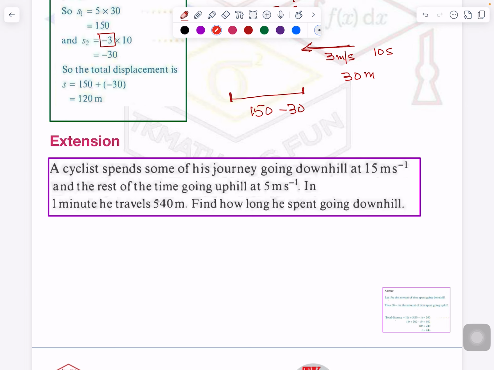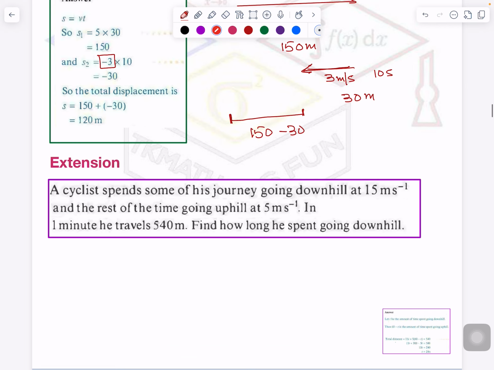Let me explain it to you. Because no time is given here, a cyclist spends some time going up and down on the hill. So the total time taken is 1 minute and the total distance is what? 540 meters. And they are talking about meters per second.